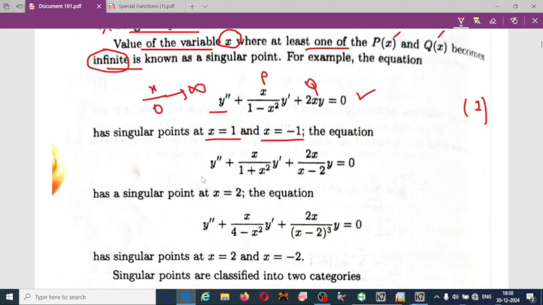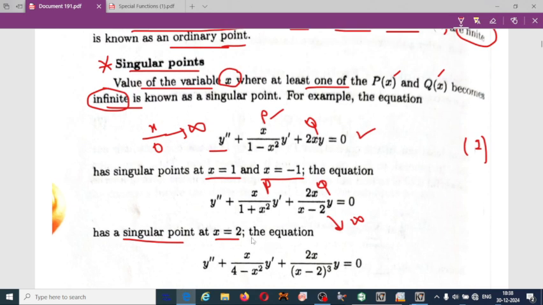Another example. Here this is p and this is q. You can clearly observe at what value of x p or q will become infinite. Here p is finite in this case, but if you take x equal to 2, then q will become infinite, which is called a singular point.